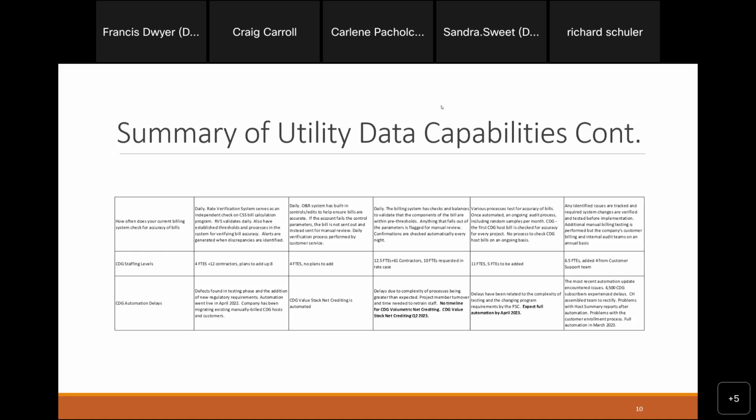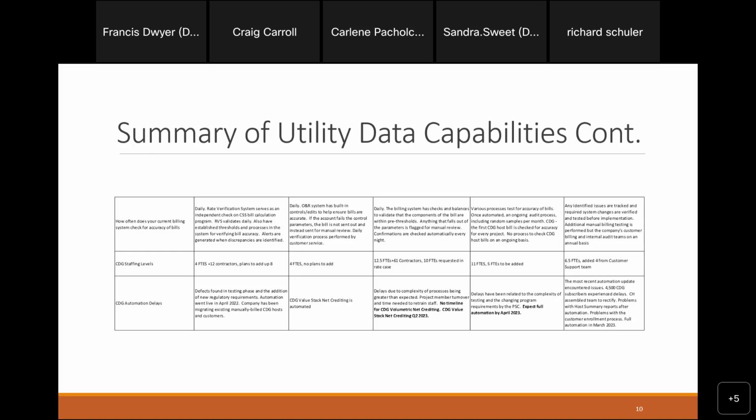So this is just some of the information that we collected, summarized in these tables. The goal was twofold: to see where the utilities are at, and what they have tracked versus what they still need to track, and the other part was to look at best practices by comparing across the utilities.